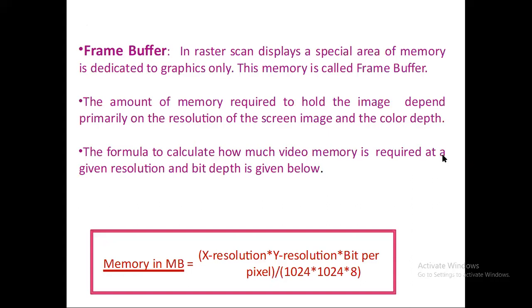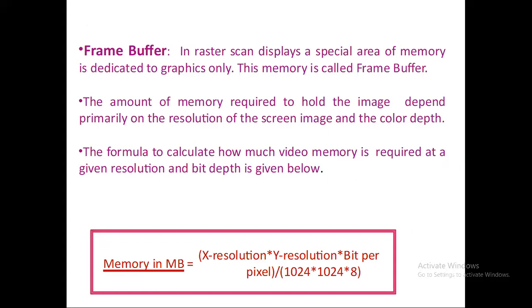Next important point is the frame buffer. What is the frame buffer? In raster scan displays, we will see what raster scan and random scan are in upcoming slides, but for now just understand this: in raster scan displays, a special area of the memory is dedicated to graphics only, and this memory is called the frame buffer.